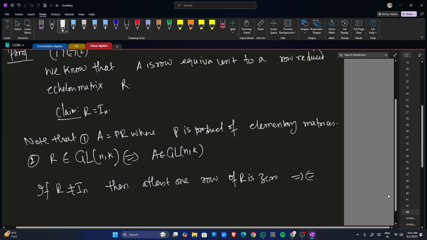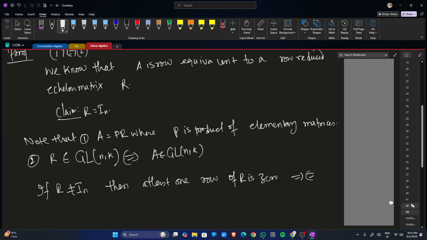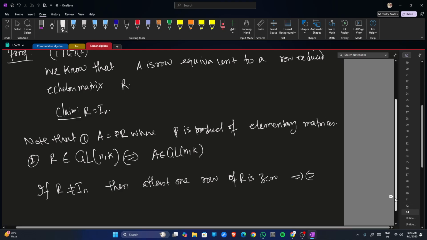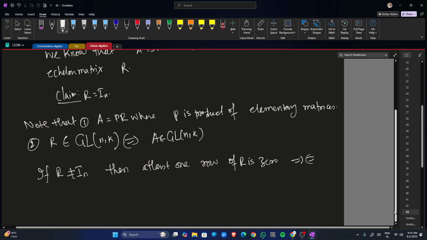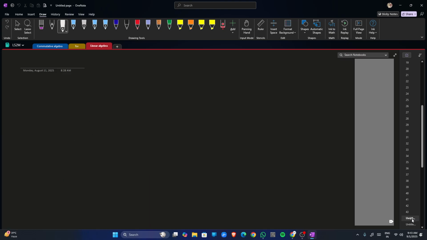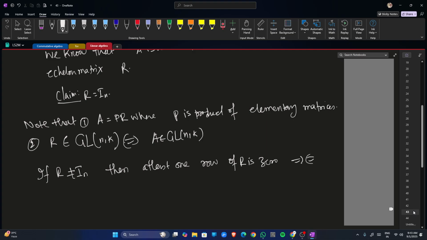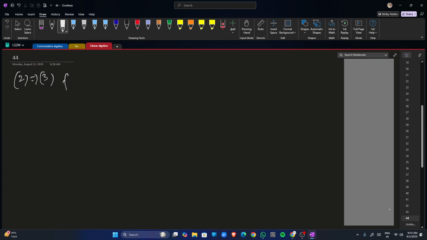Now R is in GL_n(K) if and only if A is in GL_n(K). So 1 is if and only if 2: A is invertible, A is row equivalent to the identity matrix. A is a product of elementary matrices, that is, 2 implies 3, which follows from this.